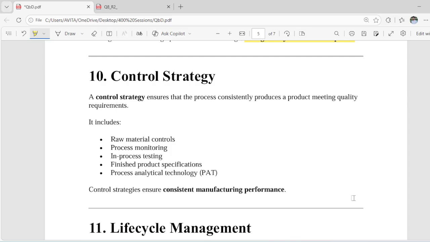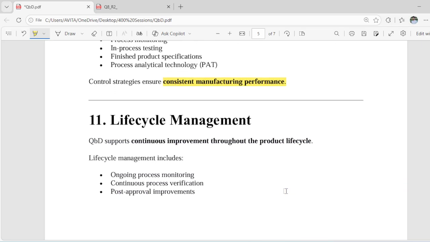Moving on to the control strategy. Control strategy ensures that the process consistently produces the product meeting the required quality. It includes the raw material control, process monitoring, in-process testing, finished product specification, and the process analytical technology. So control strategies ensure the consistent manufacturing performance.